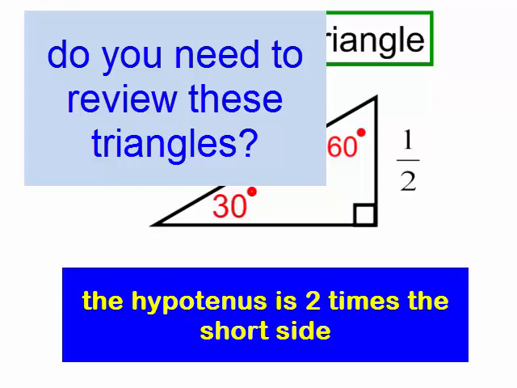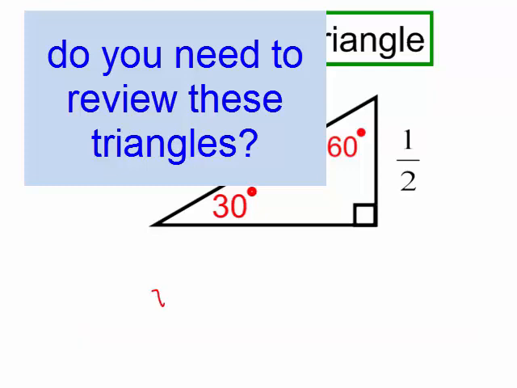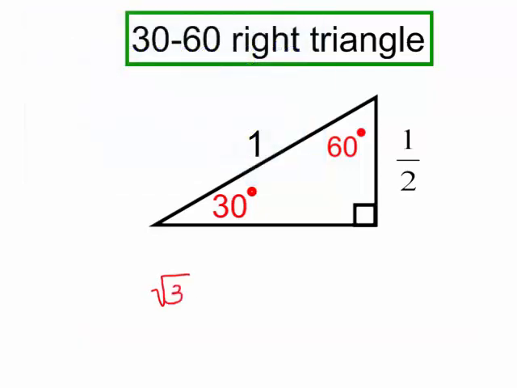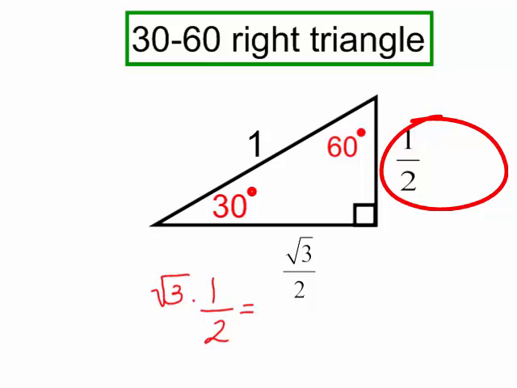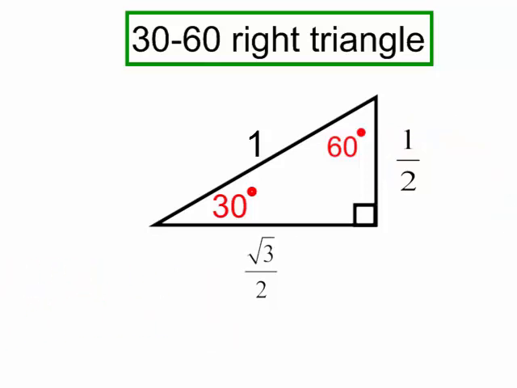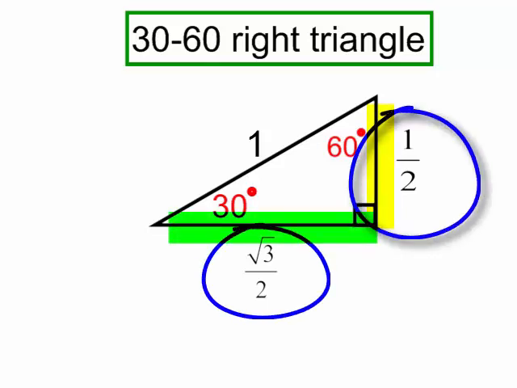And also, do you remember that the long side was the square root of 3 times the short side? Well, multiply straight across. That will be the square root of 3 over 2. So the short distance is 1/2, and the longer distance is the square root of 3 over 2. We will be using that a lot.